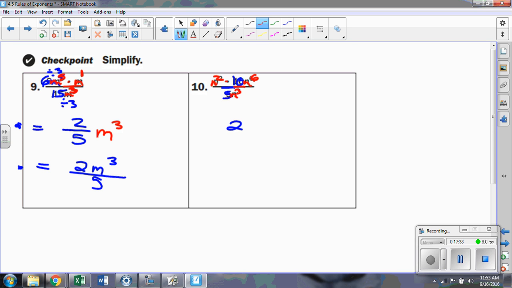That would give us 2 plus 6, which is 8, minus 3, which equals 5. And right there, we're already done. We don't need to rewrite it. 2n to the 5th.